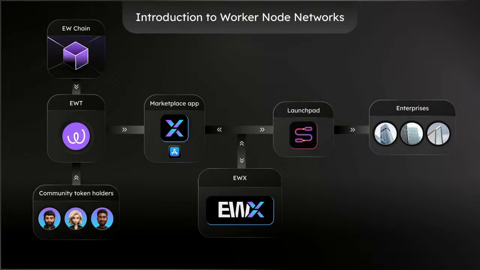If you go to the next slide, the way it works is that upon subscriptions into worker node networks, there would be a reward and slashing mechanism enabled for worker node operators. On the other side, enterprises would be paying with fiat, mainly as of today, but soon we're also going to enable some enterprises to purchase services and solutions using Energy Web Token as well.